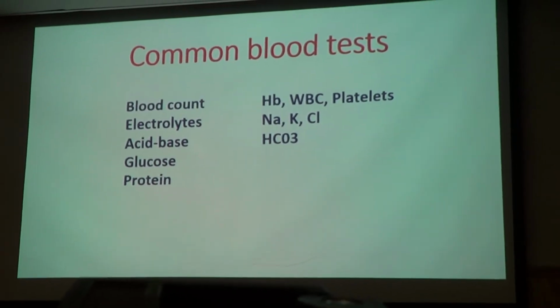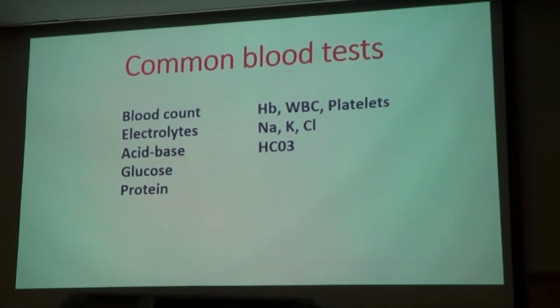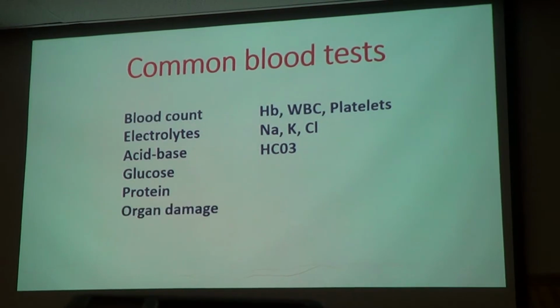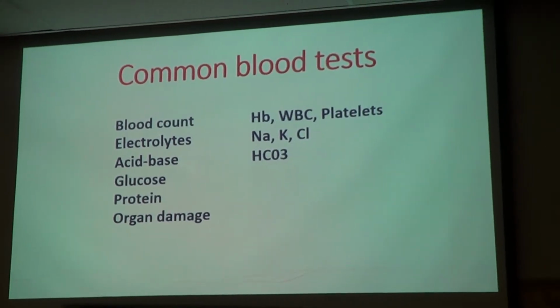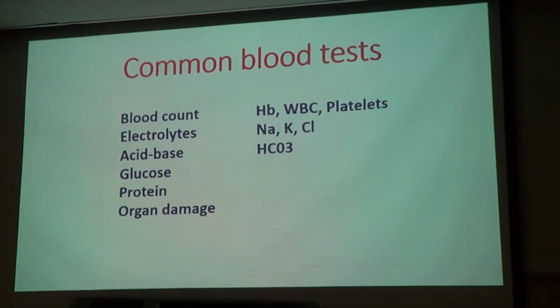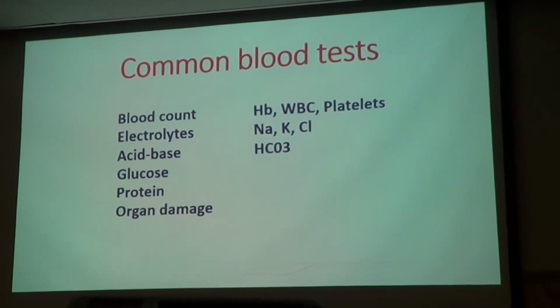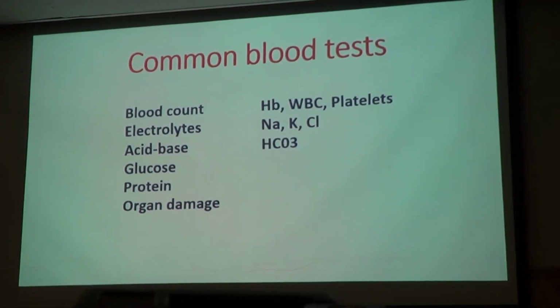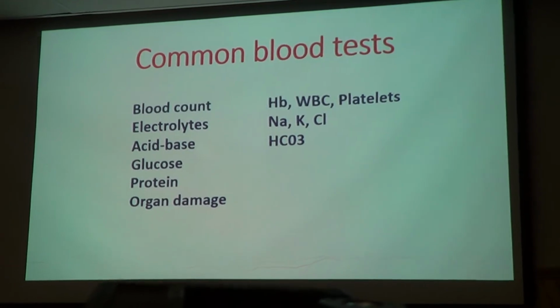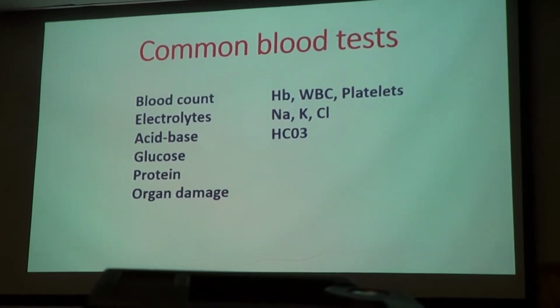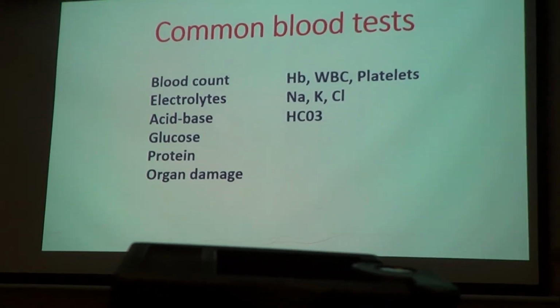Now, we also do tests to see what the cell is doing. Organ damage, cell damage. Somebody has got a heart attack. We take a blood sample from the compartment. We check the heart damage by doing some enzymes.